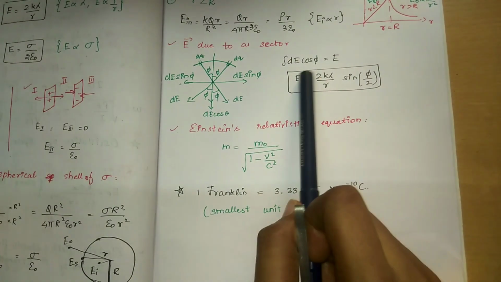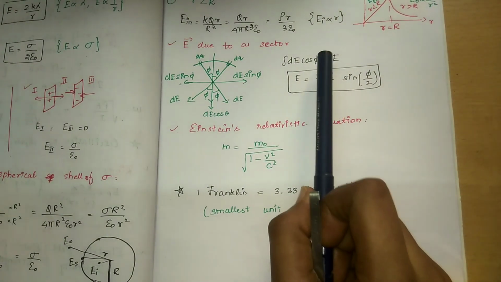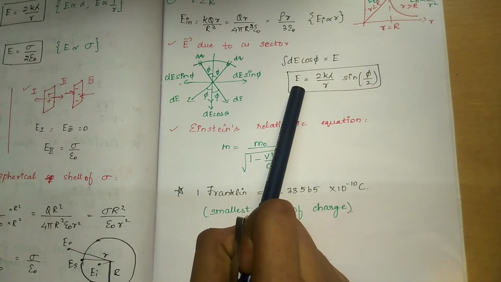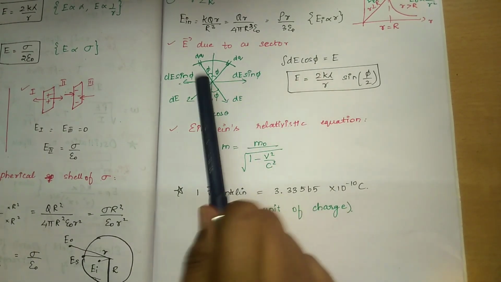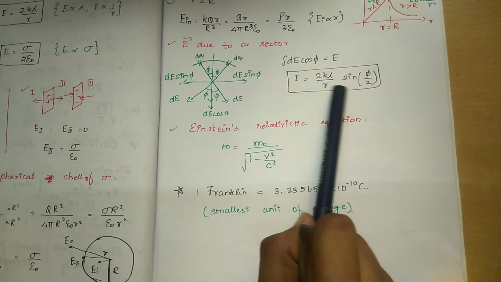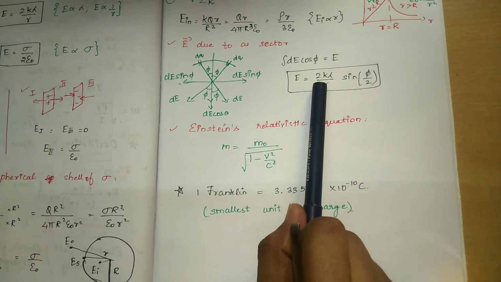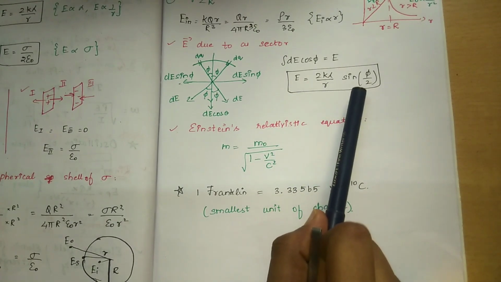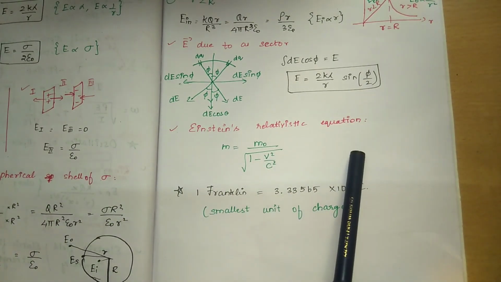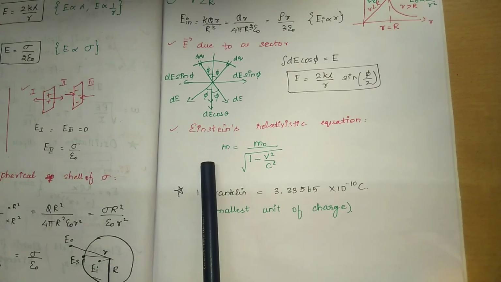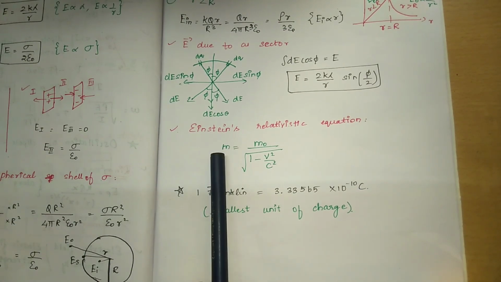If you integrate the whole thing, you will get the electric field. You could not solve all of this in the exam within 1 minute, so it is better to know this formula: electric field equals 2k lambda divided by r, times sine of theta by 2.